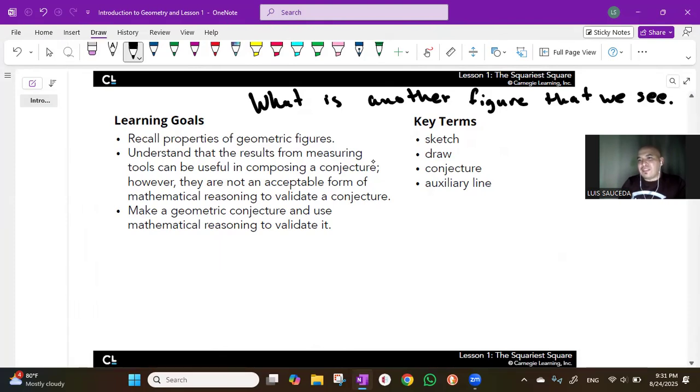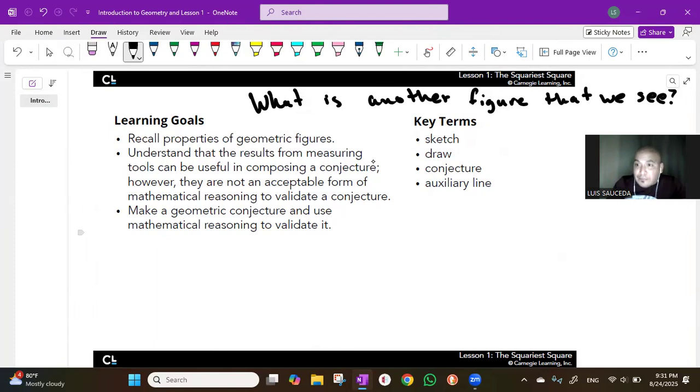But when there's a criminal investigation, we need to ask questions, and based on what we receive in response, that's how we make a conjecture and a determination whether or not we need to go further. We have to escalate, or maybe we have to close the case. It just depends. However, they are not an acceptable form of mathematical reason to validate conjectures. So unfortunately, using such tools may not be the best way to prove something in mathematics.